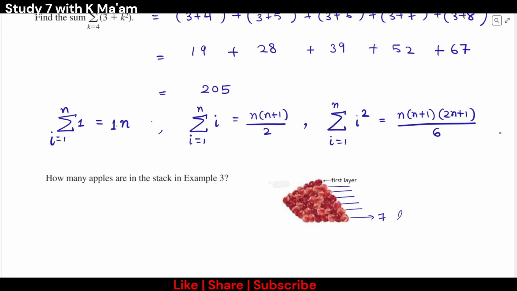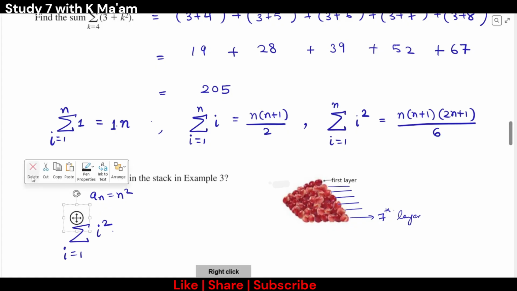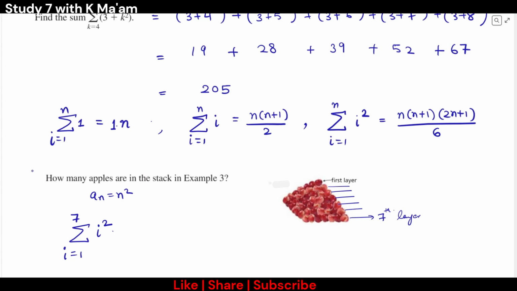The last is the 7th layer. So that means we are adding up to 7 terms. So the summation of a_n was n square. So it's a summation of i square, i from 1 to n. N is what? 7 here. Last term is 7. First to 7.